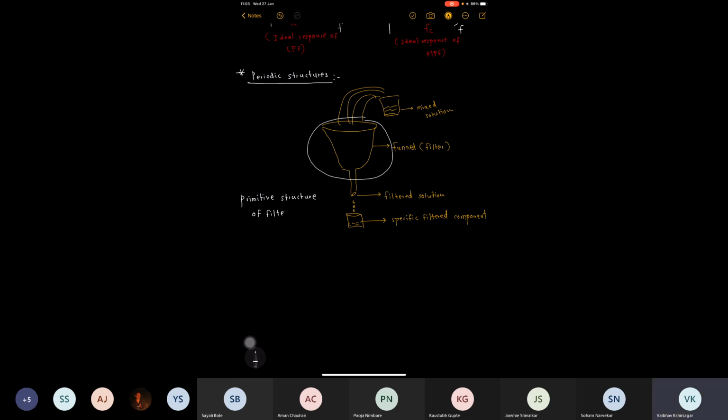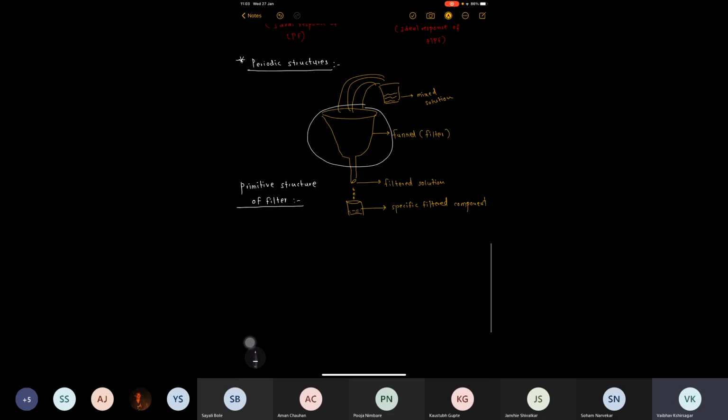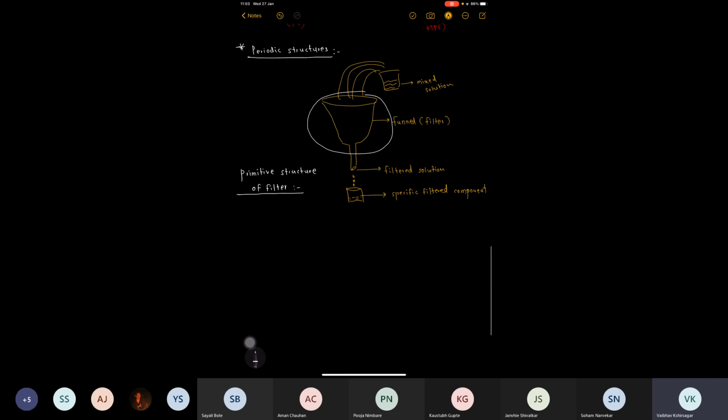So what is the backbone, or you can call it the primary or primitive structure, of a filter circuit? The primitive structure of the filter is nothing but the periodic structure. So what do you mean by periodic structure? Can you give me any example of a periodic structure that exhibits in nature?